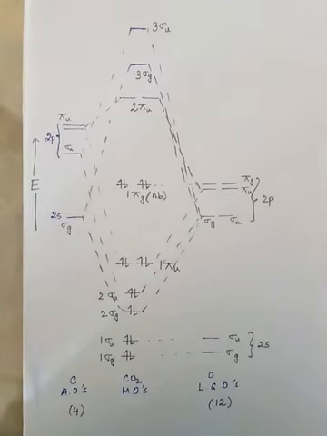In case of diatomic molecules, since there were only two atoms, there was no problem in combining the atomic orbitals to give molecular orbitals. There, we carried out LCAO, that is linear combination of atomic orbitals, for the two constituent atoms to give rise to an equal number of molecular orbitals.